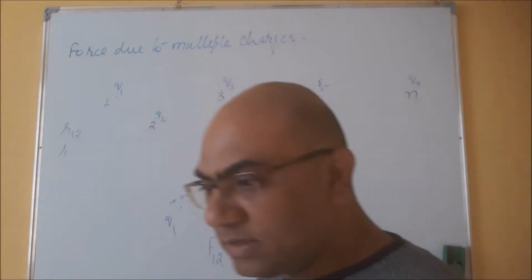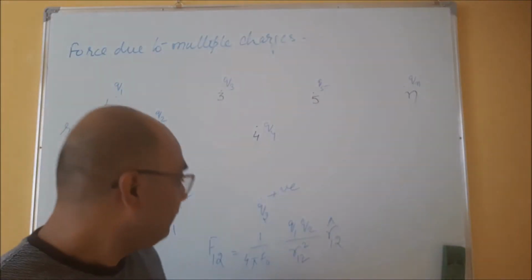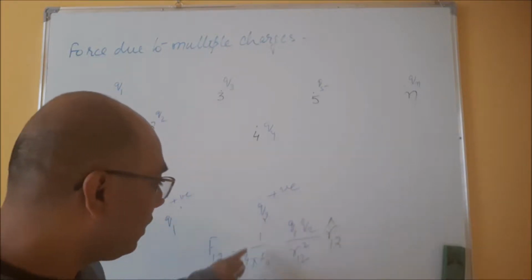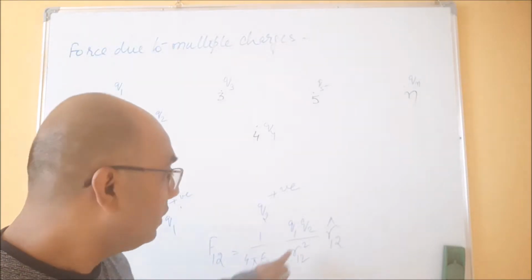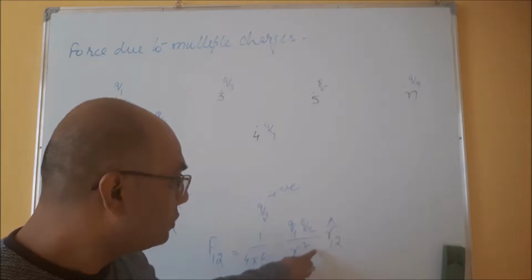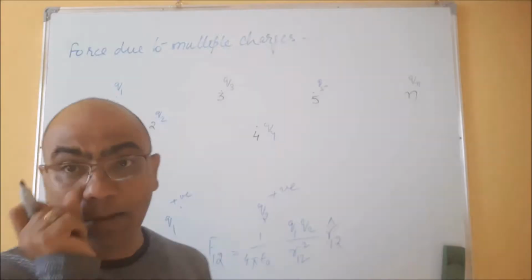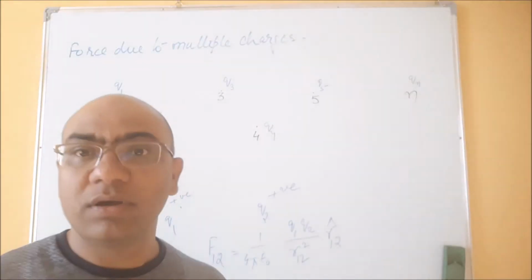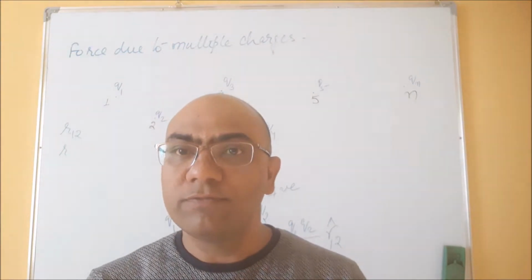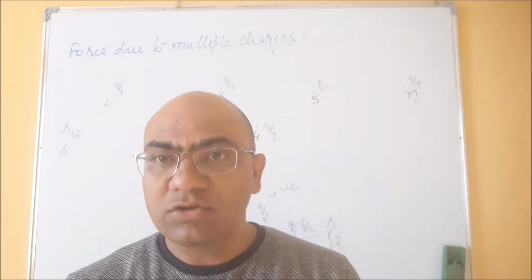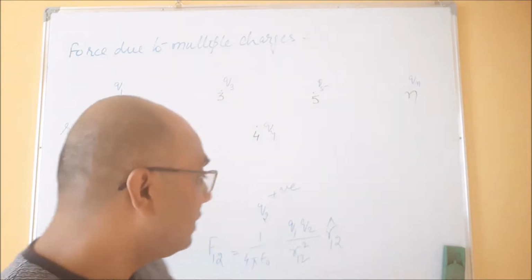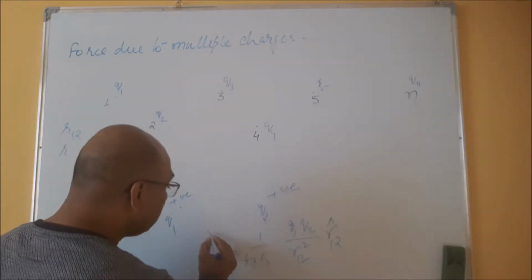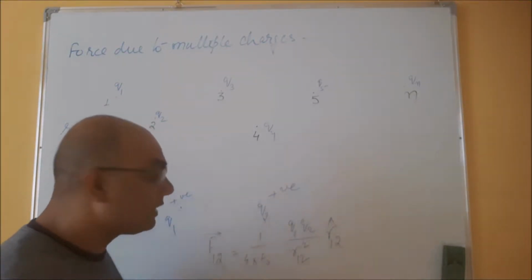So the value is given by this formula, 1 upon 4 pi epsilon naught q1 q2 upon r12 square with r12 cap. This r12 cap gives the direction of the force, because the force is a vector quantity.